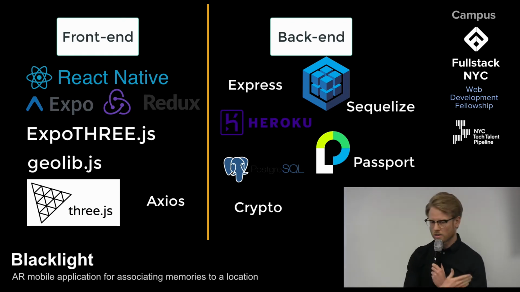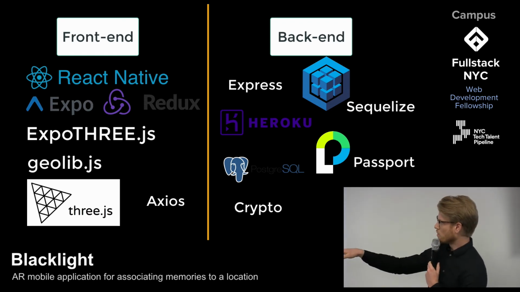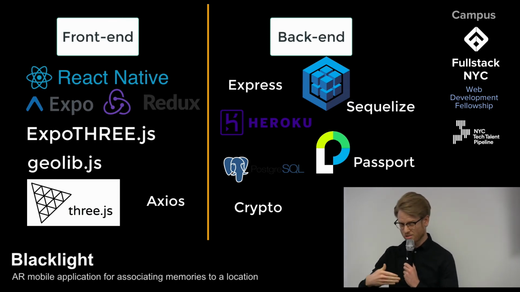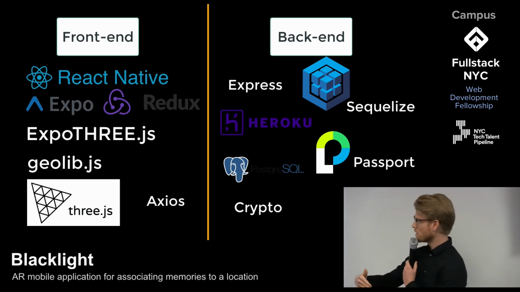And then, as Alex mentioned, we used Three.js to design the orb. And then another one I want to mention is GeoLib, which we used to calculate the distance between a user's current location and a memory's location so that we could render the memory orb only when the user was within a certain distance from that memory.